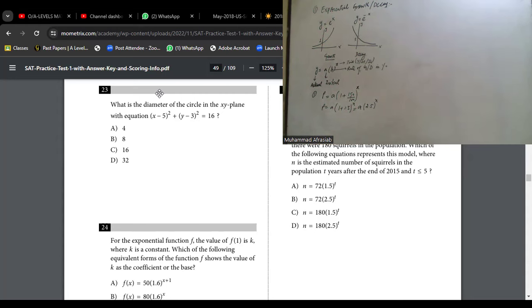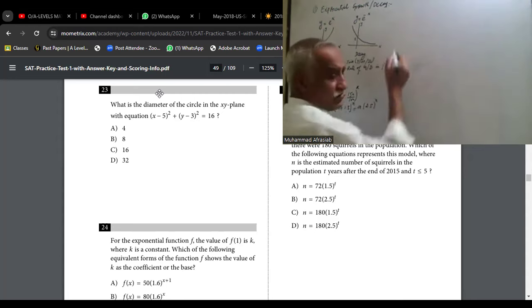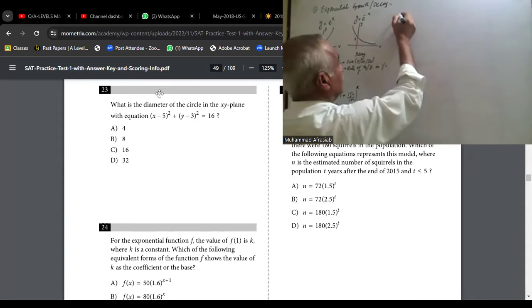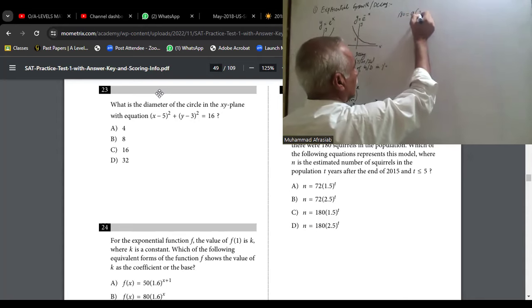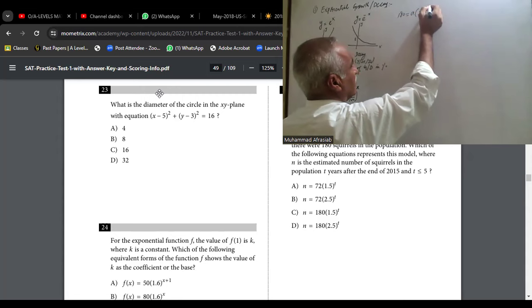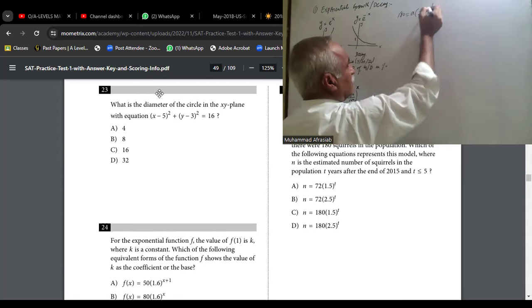But since this population is at the end of 2016, after the end of 2015, the population given for 2016 is 180, which is equal to A times 2.5 power X. Because this is 1 year after 2015, X is equal to 1.